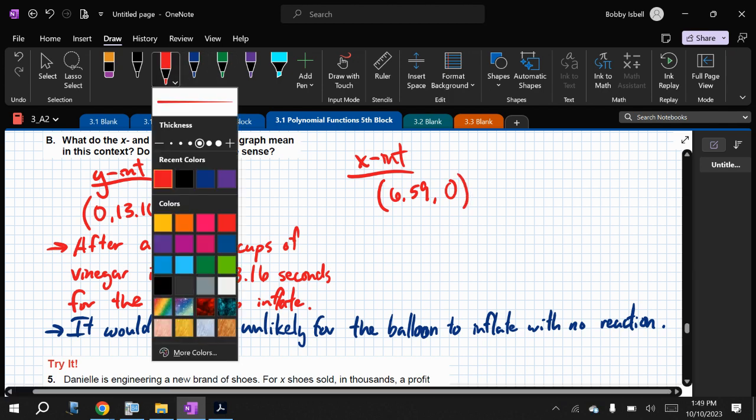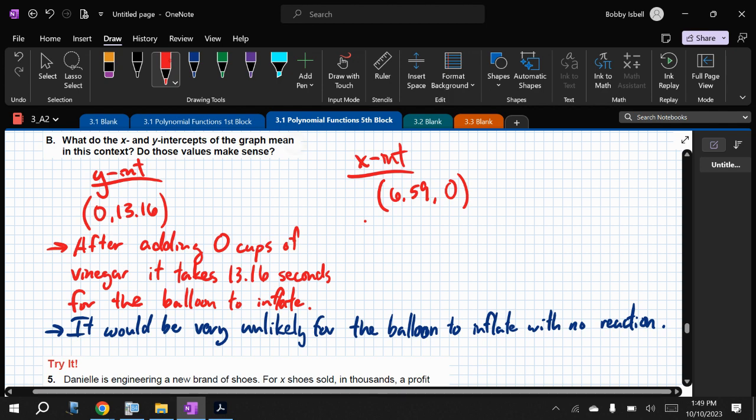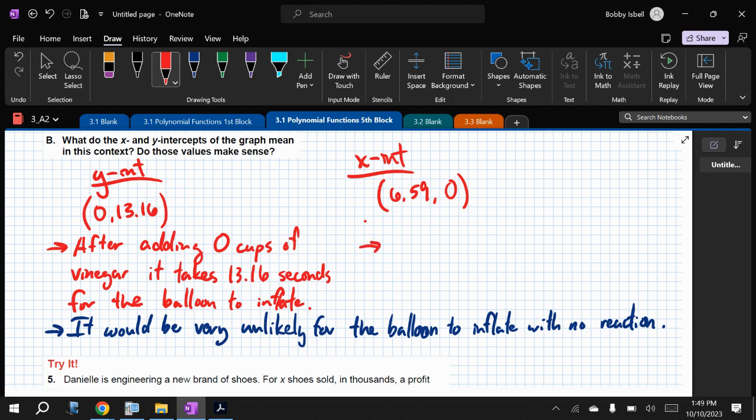What does that mean in the context of this problem? That 6.59 is what? How much?